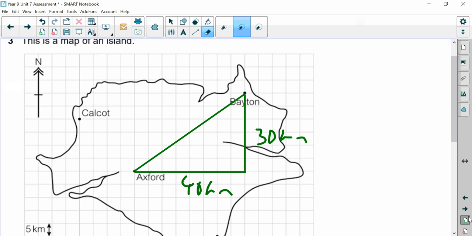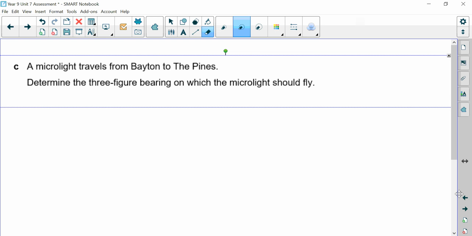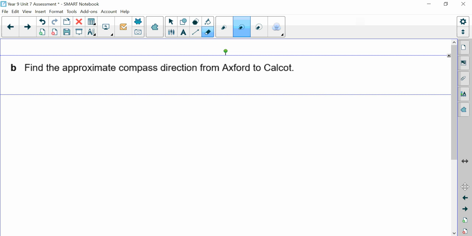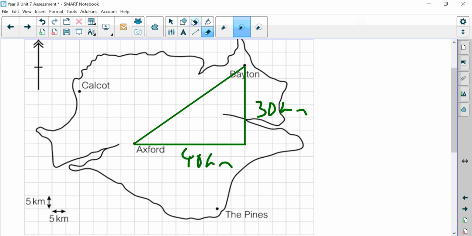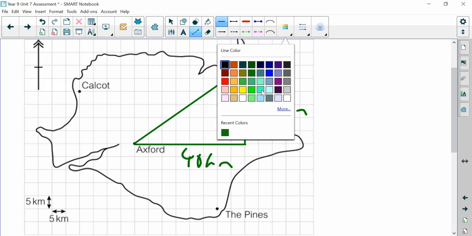Okay, next up it says, for part B, find the approximate compass direction from Axford to Calcott. So from Axford to Calcott, you can see that that's going this way. Okay, so what I want to do is include maybe a line that goes from these 2 bits.